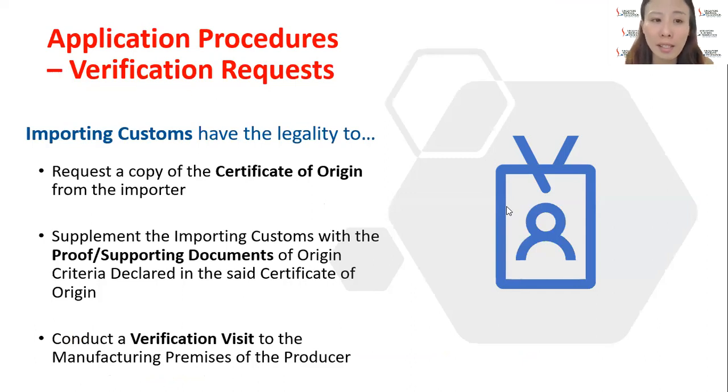Singapore Customs will facilitate this and be the liaison between the company and the importing customs authority. If this first step of documentary check is not satisfactory, the importing customs authority may even request to visit the registered manufacturing premises or factory to verify the process and the relevant documents. If the goods are deemed to have not met the rules of origin of the FTA, the import duties will be retroactively clawed back from your customers.